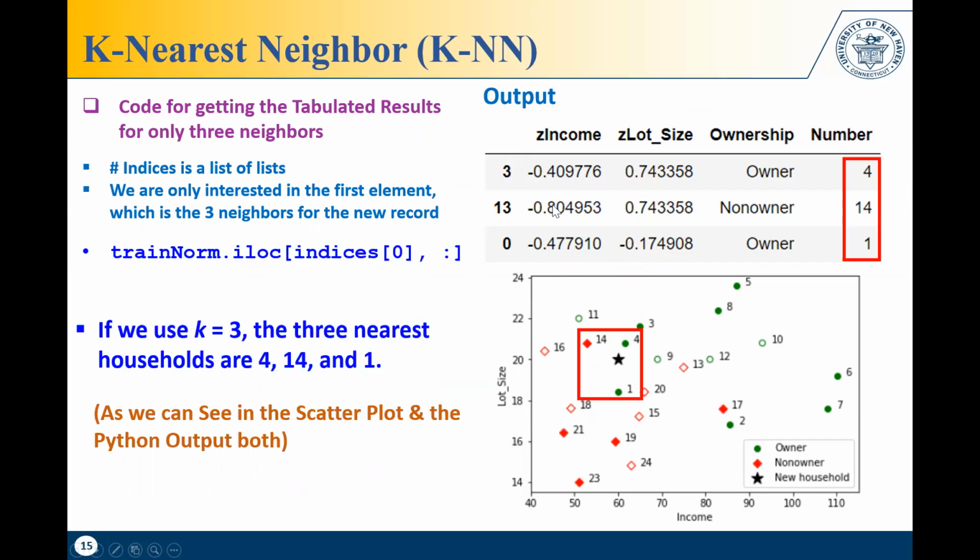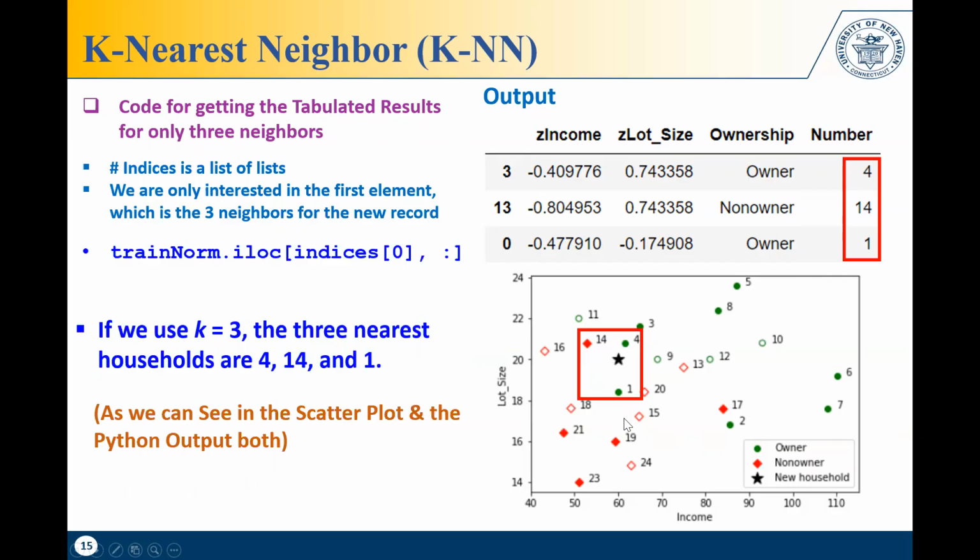Looking at the table and the scatter plot together, we can see that both of them are giving us the same result. So we can see that if we use K equal to 3, the 3 nearest households are 4, 14, and 1, and also in the scatter plot, 4, 14, and 1.